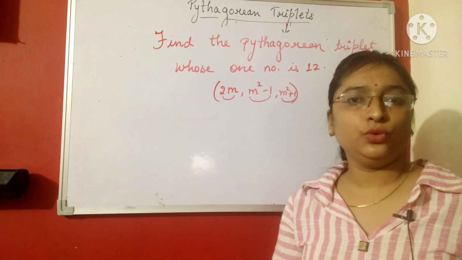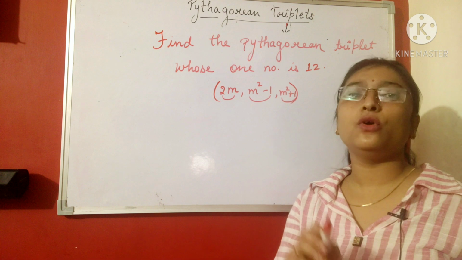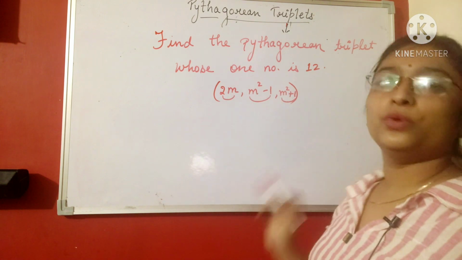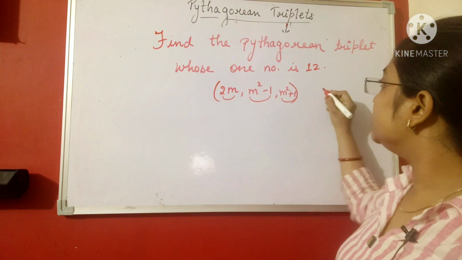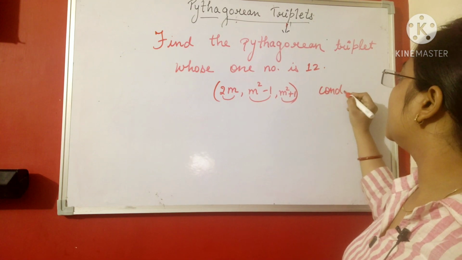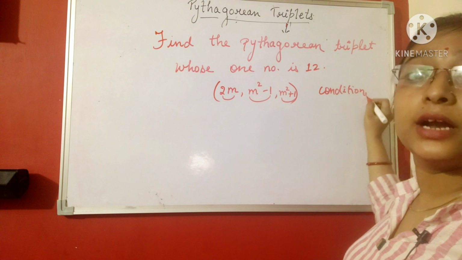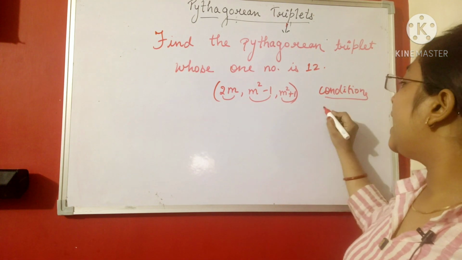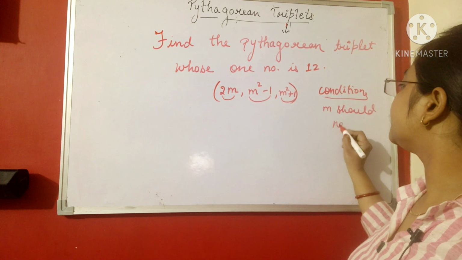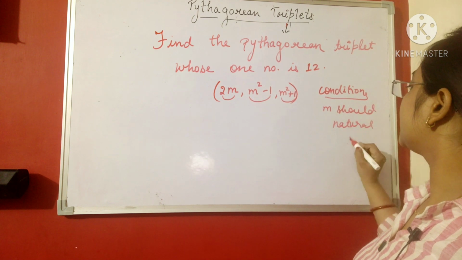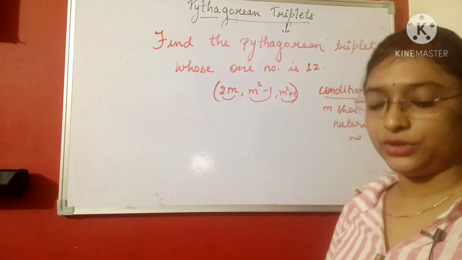Now what we have to do, we have to solve for the value of m and substitute over here to get the Pythagorean triplet. Now let's first know the conditions of m. m should be a natural number.